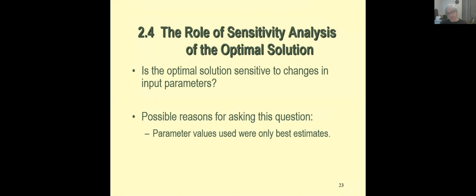Indeed, sensitivity analysis is also called what if analysis, and also post-optimality analysis, because after you finish optimizing, you start asking questions about this optimal solution and how changes in input parameters affect the end results.